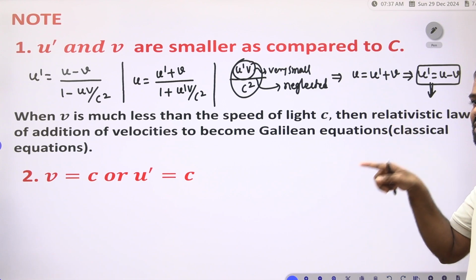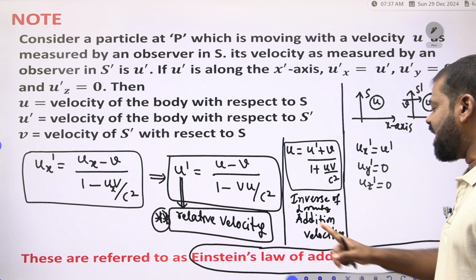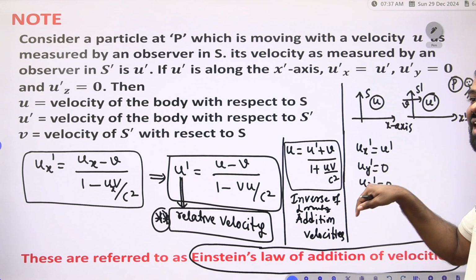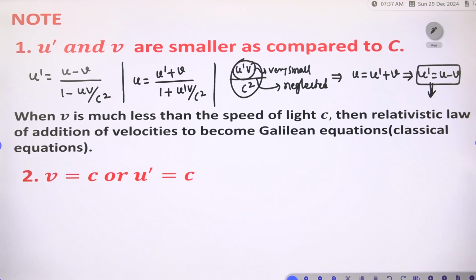That is why we call these the Einstein's law of addition of velocities, the relativistic equations. If u dash and v are very small, then u dash v by c square is neglected, so u dash is equal to u minus v.